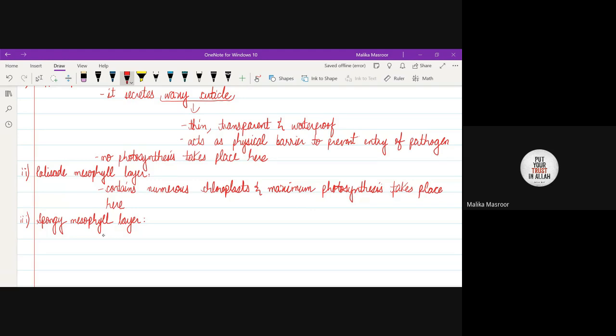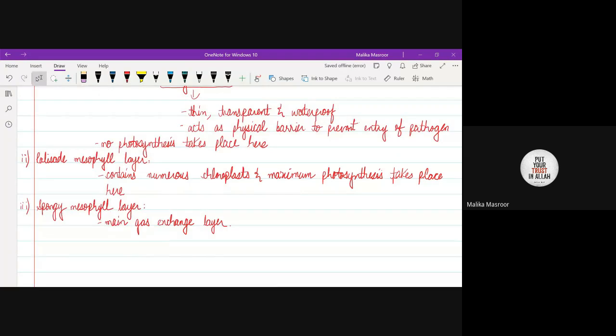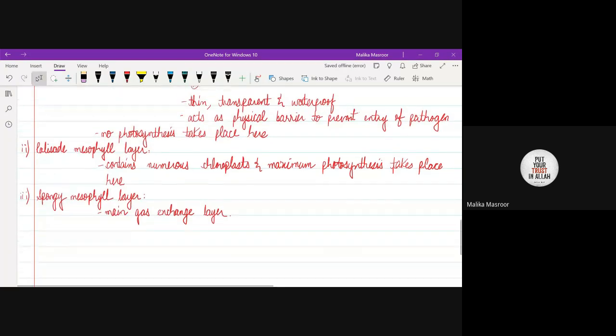So you'll say this is the main gas exchange layer, because oxygen, carbon dioxide, and water vapor diffuse from here.